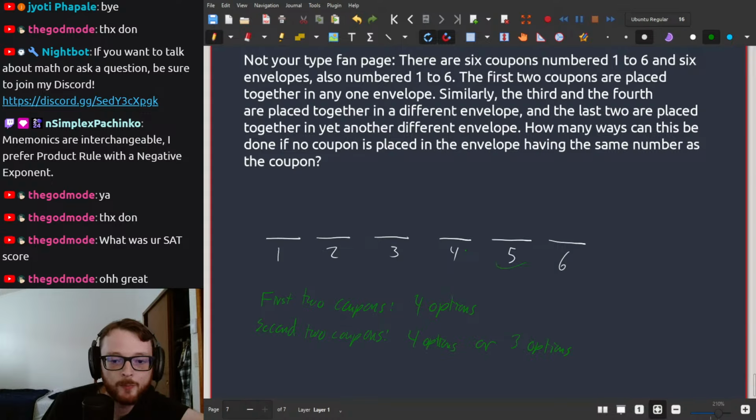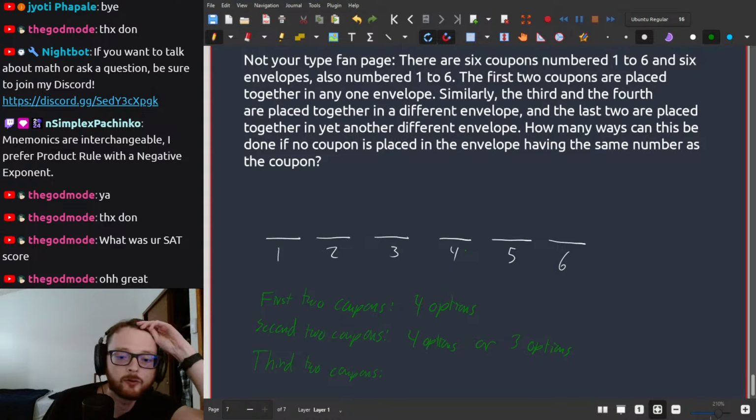Because the first two coupons might be occupying one of those. What happens with the third? They can't go in 5 or 6.